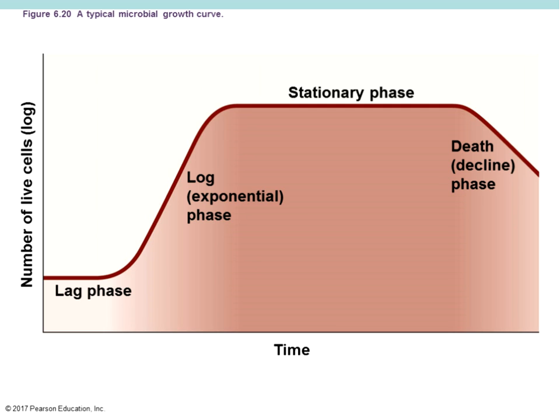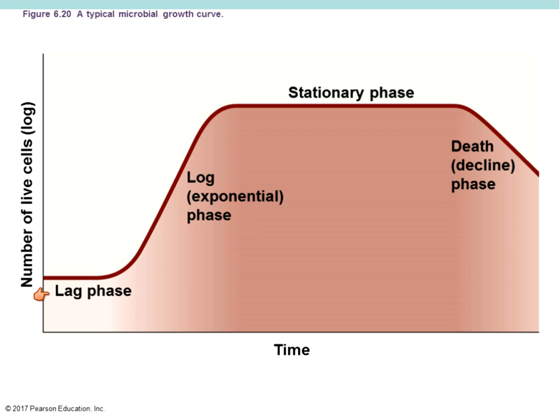For bacteria that are growing, whether you quantify them by the actual cells or through the log of them, they're going to have 4 basic phases of their growth curve. First is the lag phase. At the lag phase, they're still dividing and growing, but it's slower. 1 becomes 2, 2 becomes 4, 4 becomes 8, and so forth.